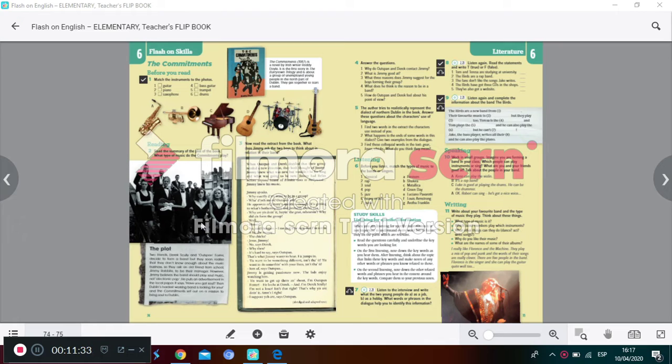So tell me, according to the image, are they a Latin music band, a rock band, a classical music band, or a jazz band? Okay, that's perfect. So, the name of this band is The Commitments. Let's read about them.